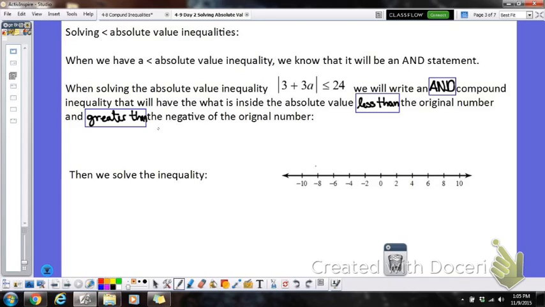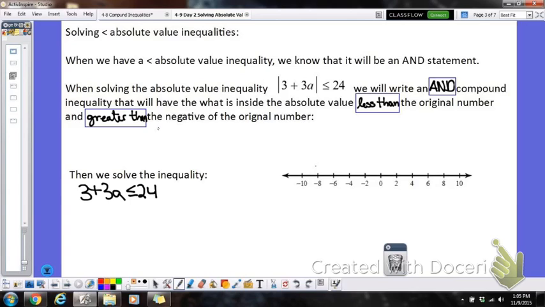So if we look at the absolute value of 3 plus 3a as less than 24, we want to have what is inside the absolute value, the 3 plus 3a, be less than or equal to the original number, 24.